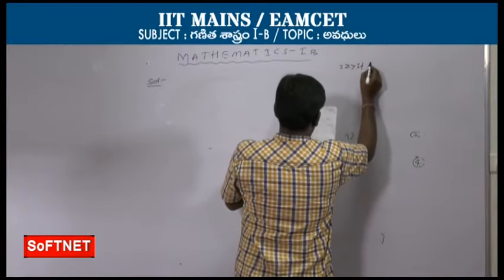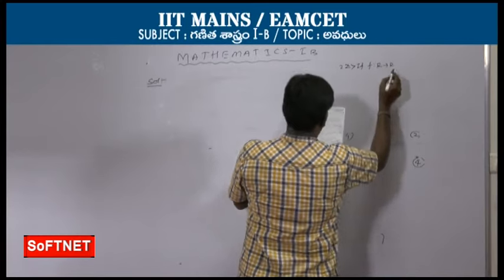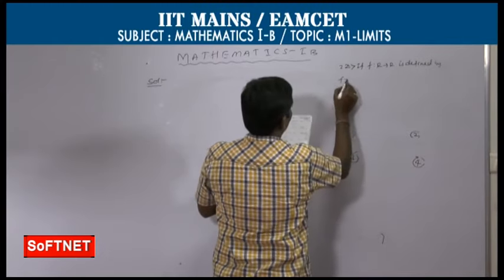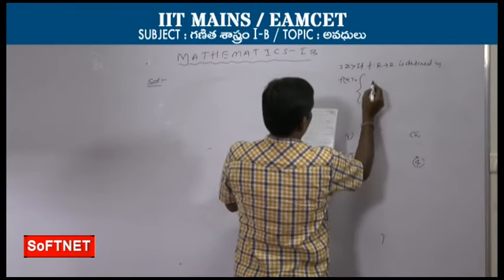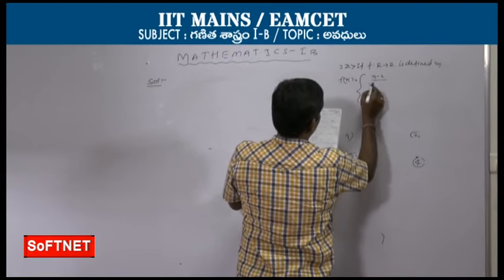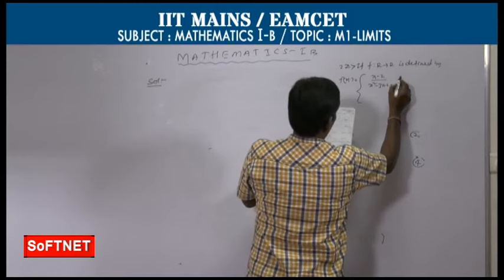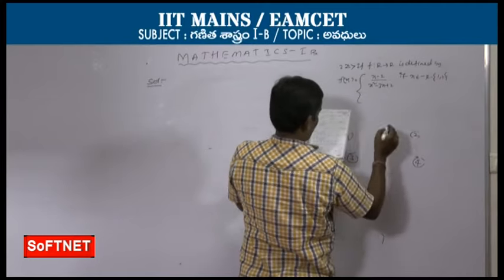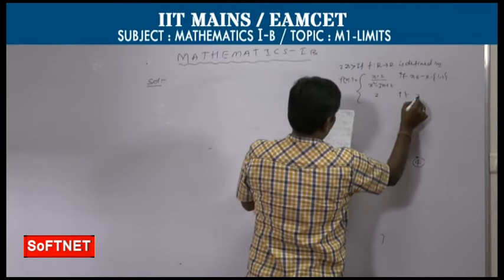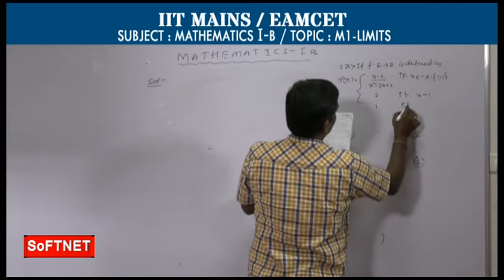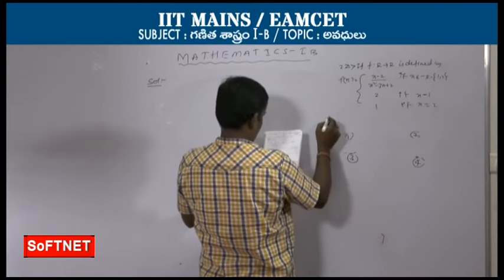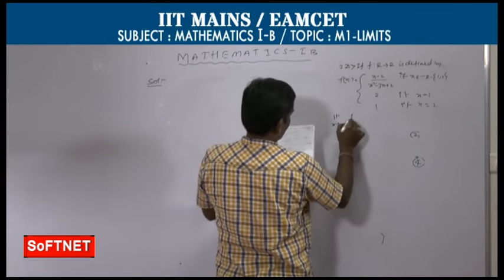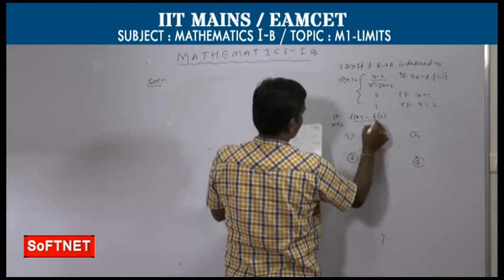If the function f from R to R, real numbers to real numbers, is defined by f(x) equals (x minus 2) over (x^2 minus 3x plus 2) if x belongs to R minus {1, 2}, 2 if x equals 1, and 1 if x equals 2. Then we need to find the limit as x tends to 2 of (f(x) minus f(2)) over (x minus 2).